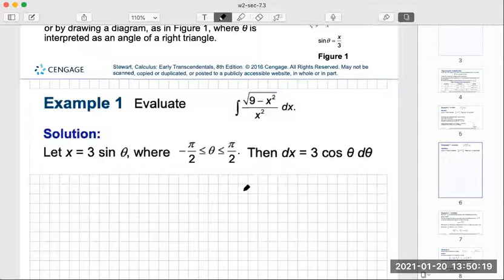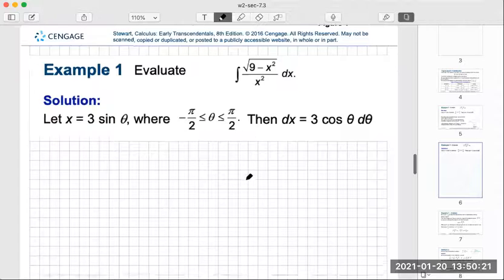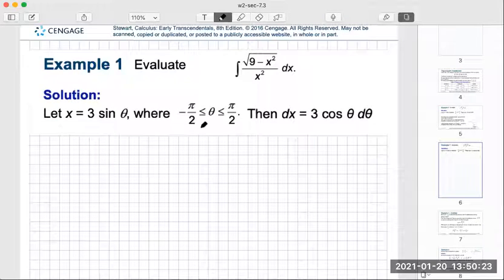Remember, when we compute this in terms of theta, we will find something in terms of f of theta.